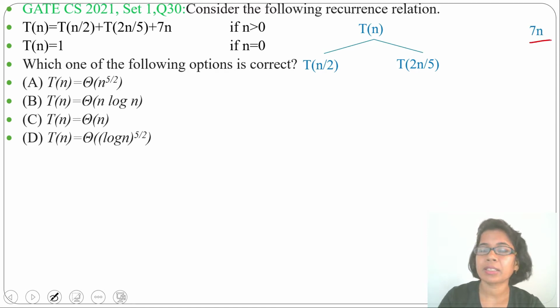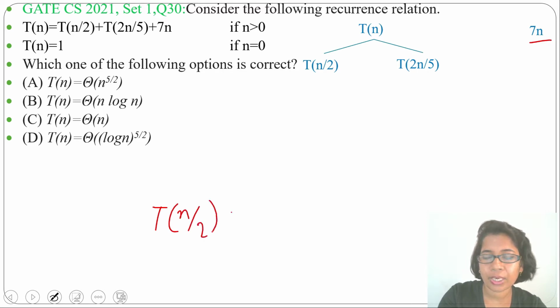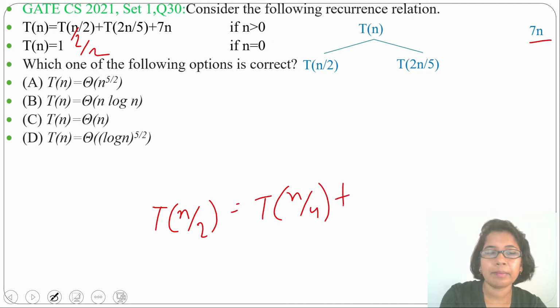I already discussed how to create a recurrence tree. Just go through my lecture, you can understand. Next, time for n divide 2 will be, in place of n, we're just writing n divide 2. So here we'll write n divide 2 divide 2. It will be n divide 4. Time for n divide 4 plus, in place of this n, we'll write n divide 2.